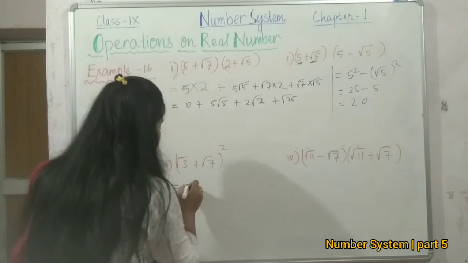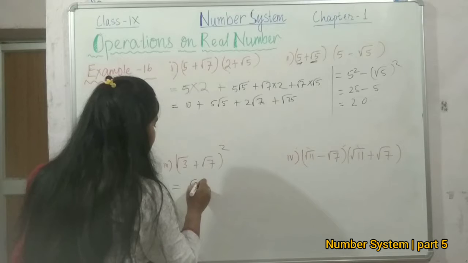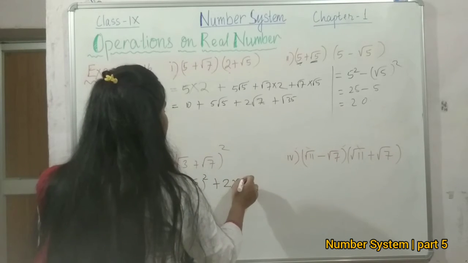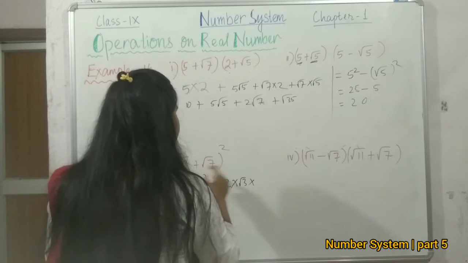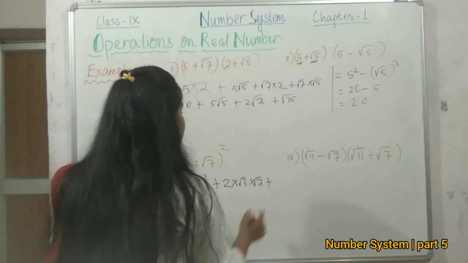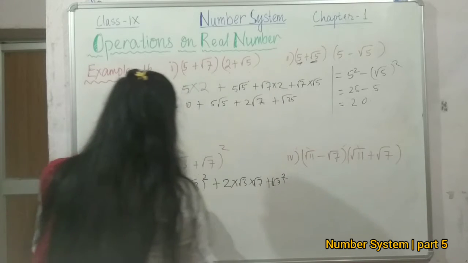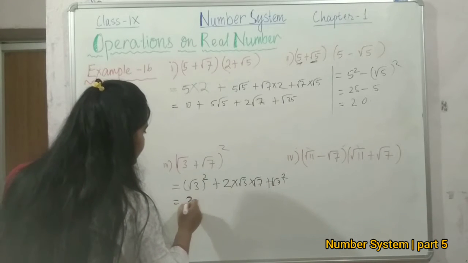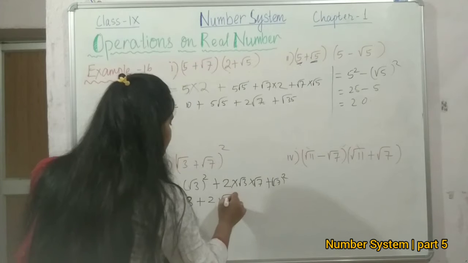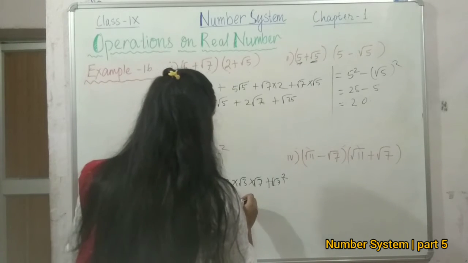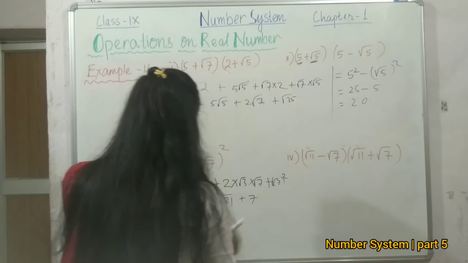So it will be a square, that is square of root 3, plus 2 into a, that is root 3, into b, that is root 7, plus b square, that is square of root 7. So it will be 3 plus 2 root 21, since 3 7s are 21, so it will be 2 root 21 plus 7.